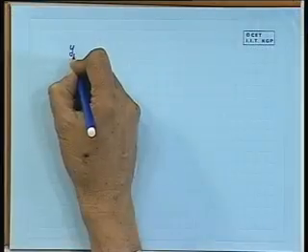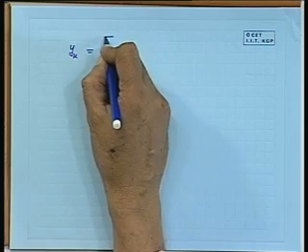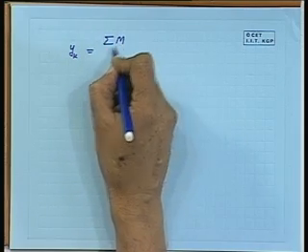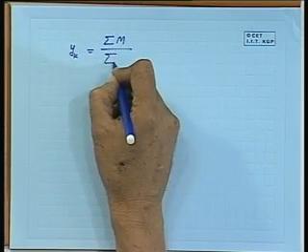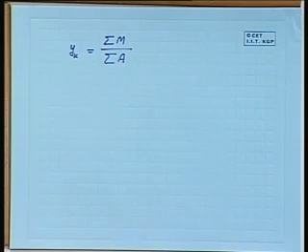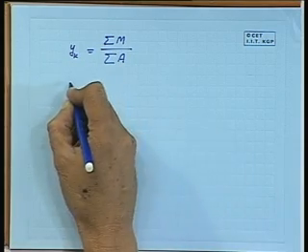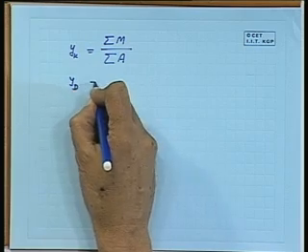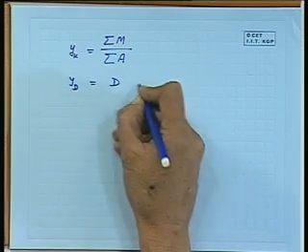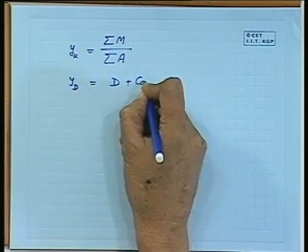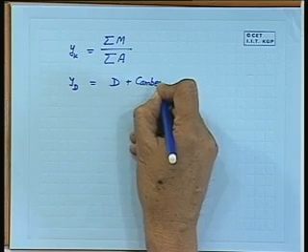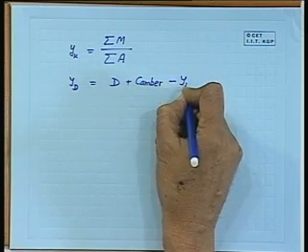Now, after finding out these summations, I can write YK is equal to sigma M by sigma A. Okay. And I can find out YD from deckhead side, this height plus camber minus YK.